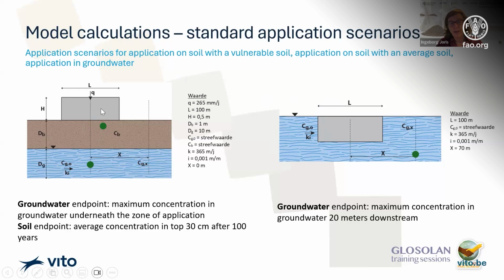So you have a maximum allowed concentration here not to exceed the concentration in soil. We say, okay, top 30 centimeters after 100 meter. That's the concentration that cannot exceed the safe value. You have another maximum allowed concentration not to exceed the groundwater quality value.